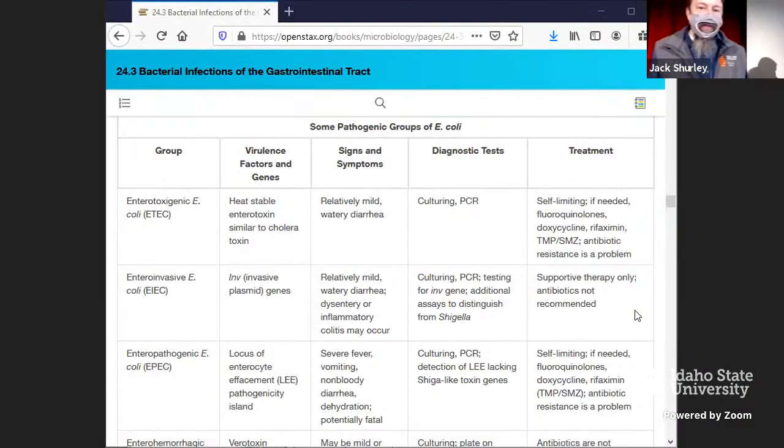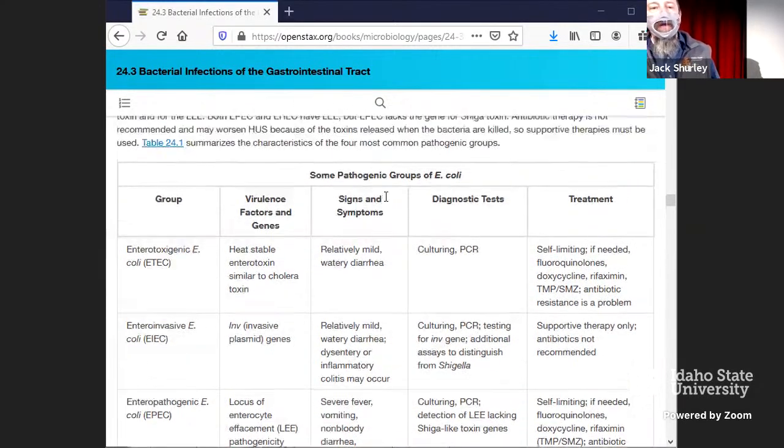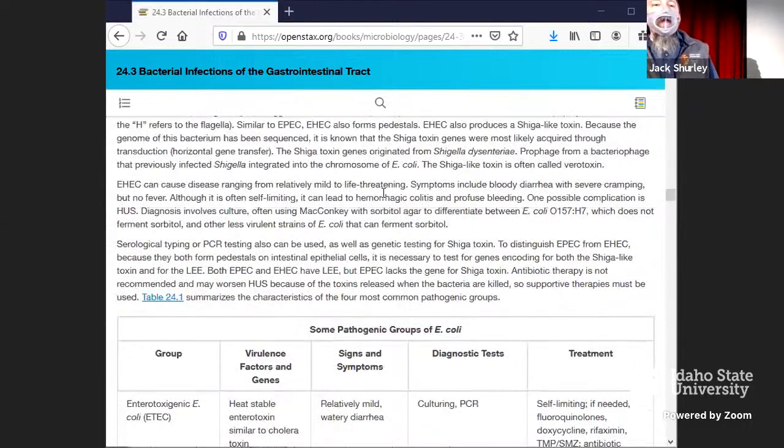Let me flip out of here and shift over. I know there was a table there, but there is a table initially that I want to hit on that talks about E. coli, because we've glossed over and haven't really mentioned E. coli, although we started this chapter with E. coli.